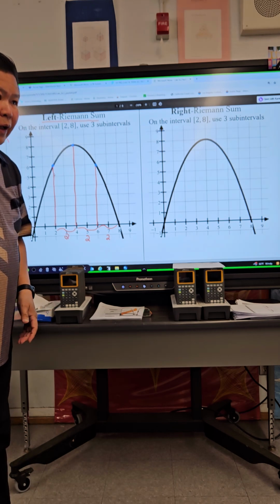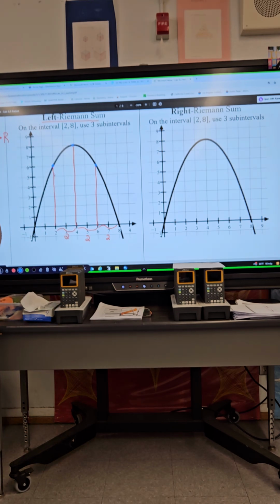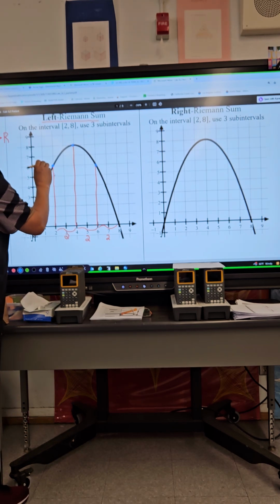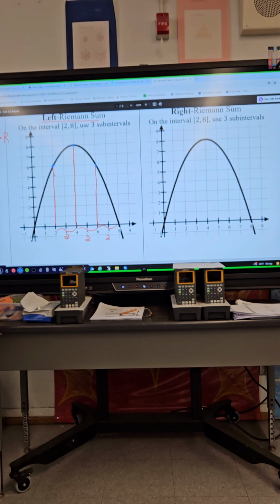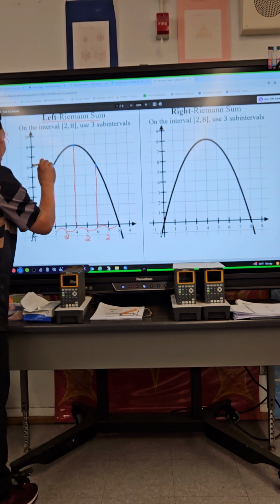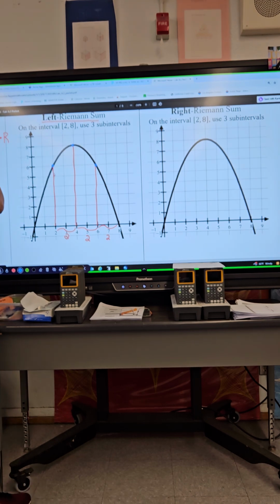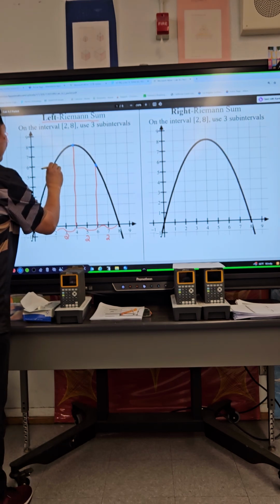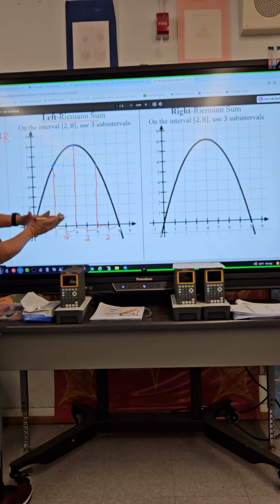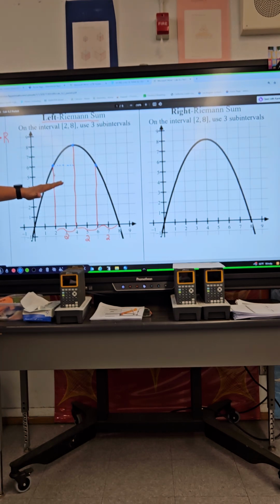Then make a line, project this, having a rectangle. What is the direction? From left to right. So these are the left posts. So go to the right. This is the first rectangle. Do you get me, guys? What's next?